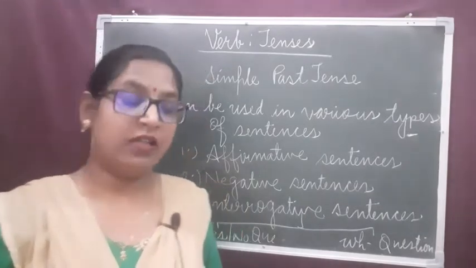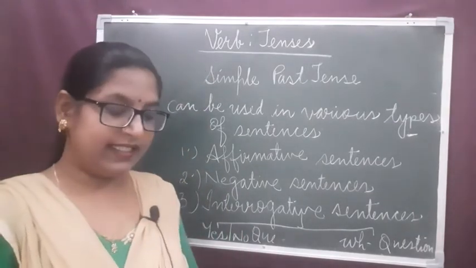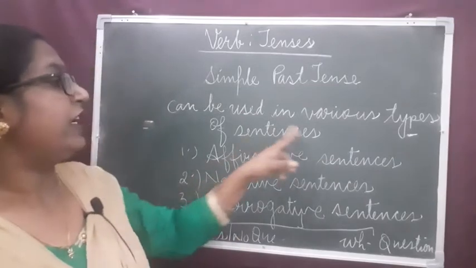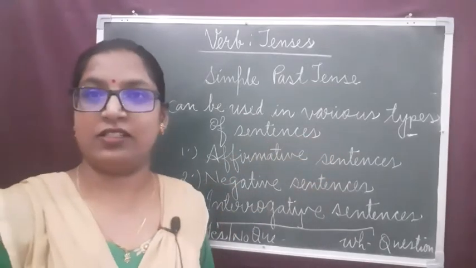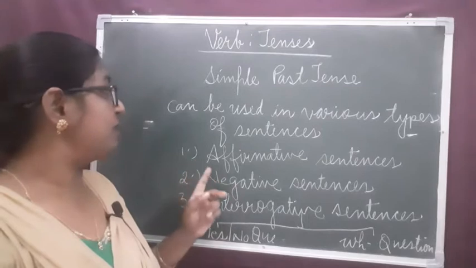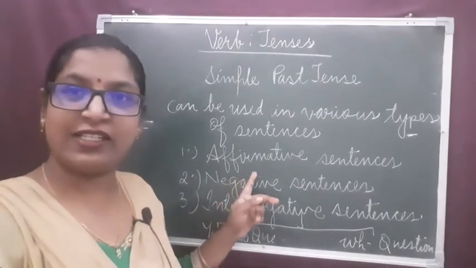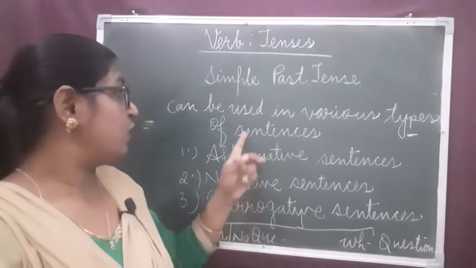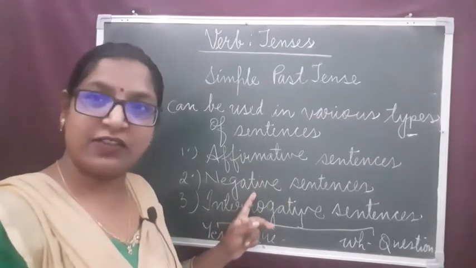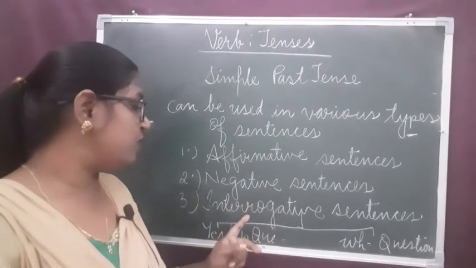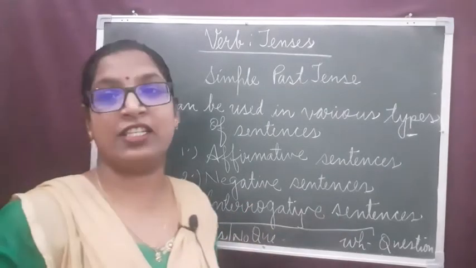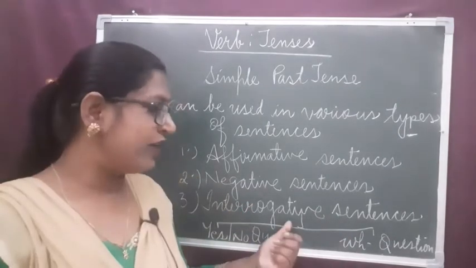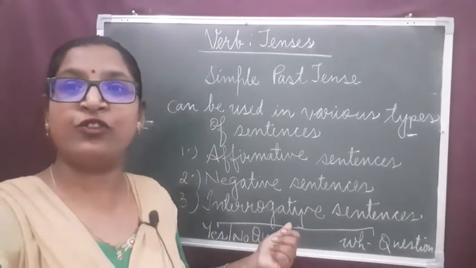Dear children, simple past tense can be used in various types of sentences. We can use simple past tense in affirmative sentences, which are also known as positive sentences, in negative sentences, and in interrogative sentences. Interrogative sentences are of two types.